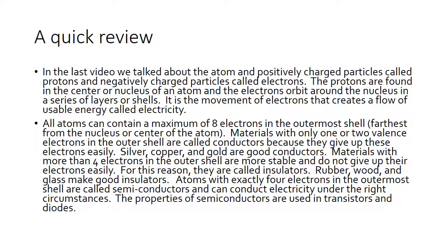Finally, we talked about atoms that have exactly 4 electrons in this outermost shell, and these materials are called semiconductors, and they can conduct electricity under the right circumstances, but they're not good conductors, nor are they good insulators. These are called, as I said, semiconductors, and they are used in transistors and diodes. So, having reviewed that, let's go ahead and talk about the 3 basic elements of any type of electrical circuit.